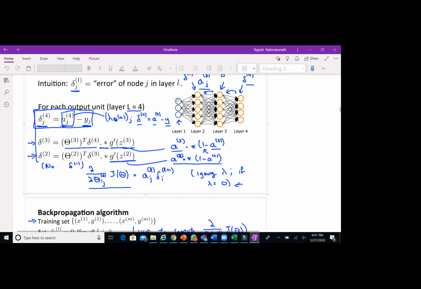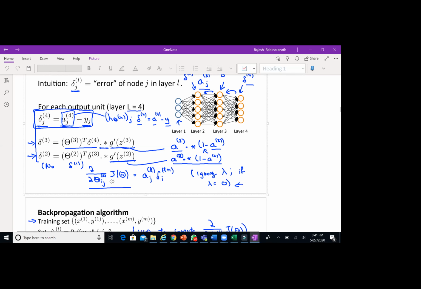Why is there no error? You have an actual input, so that is why. Because the calculated value of layer 1 and the activation value of layer 1 are the same. So naturally there is no error.